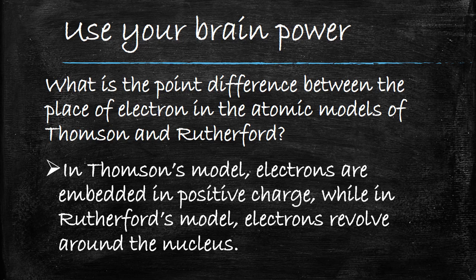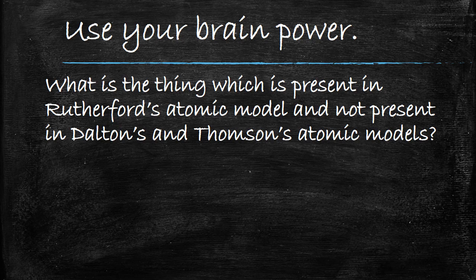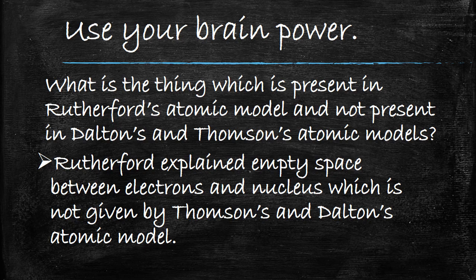In Thomson's model, electrons are embedded in positive charge, while in Rutherford's model, electrons revolve around the nucleus. What is present in Rutherford's atomic model and not present in Dalton's and Thomson's atomic models? Rutherford explained empty space between electrons and nucleus, which is not given by Thomson's and Dalton's atomic models.